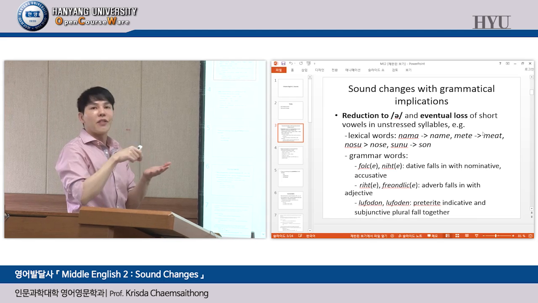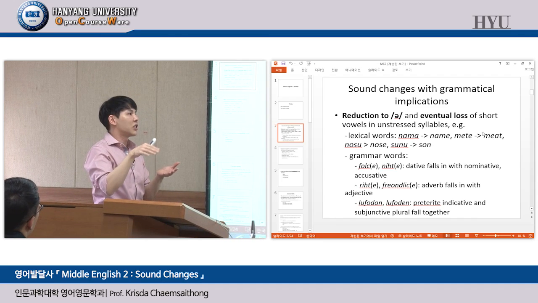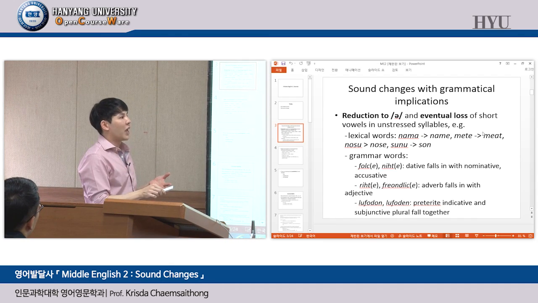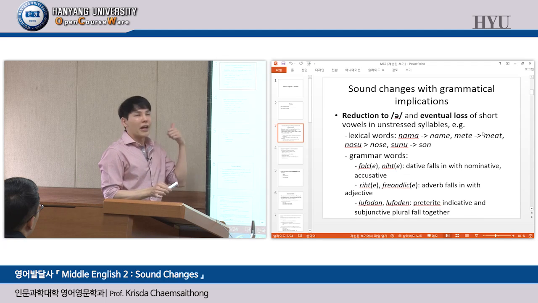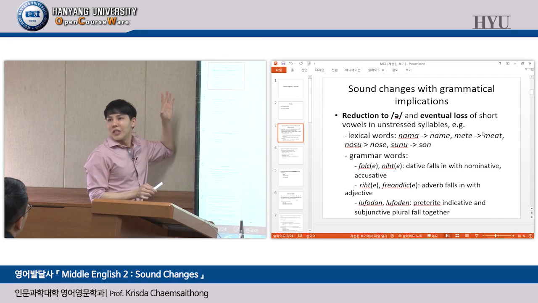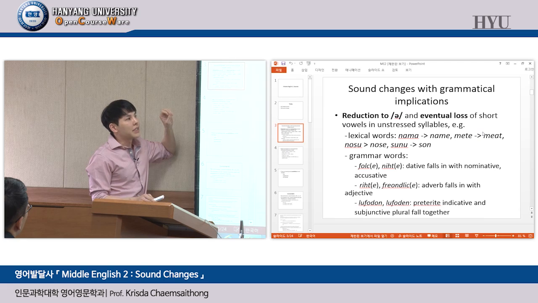And then it finally just disappeared. So you have only sun, like that. So again, every syllable that's not stressed will be reduced to a schwa, and sometimes this led to the eventual loss of that schwa sound. But sometimes the E remains, but silent without you pronouncing it. And sometimes the E is gone altogether, just as in the case of sunu to sun here. Okay?